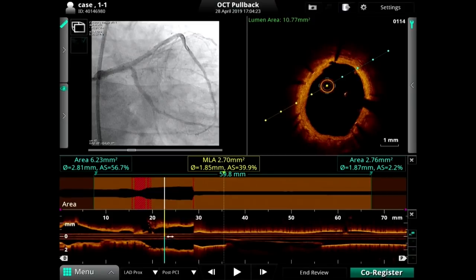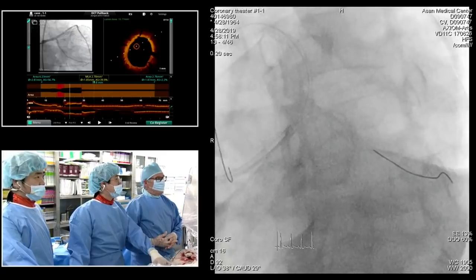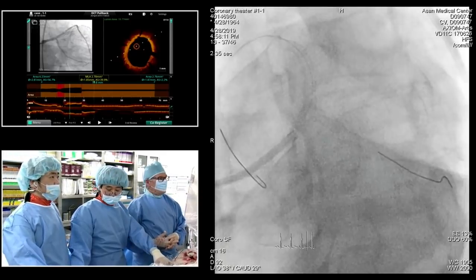So looking at these two pullbacks, we decided to do post-dilatation with a 4.0 non-compliant balloon in the circ and 3.5 in the LAD.